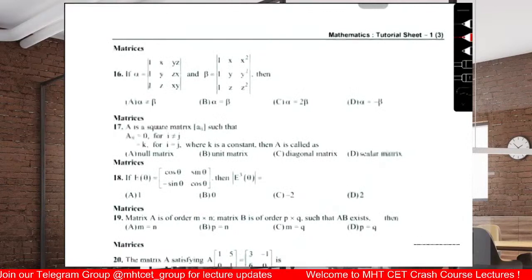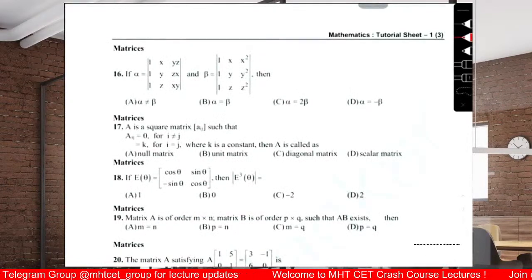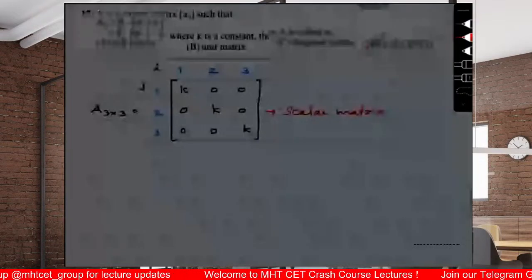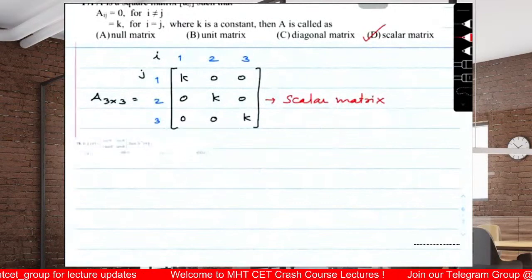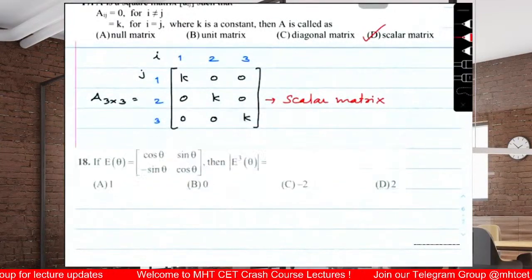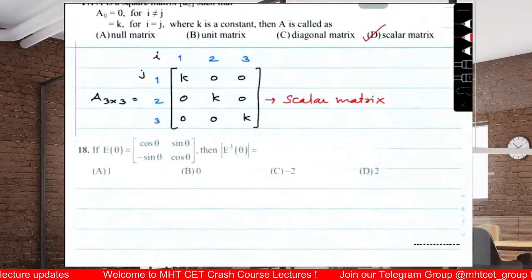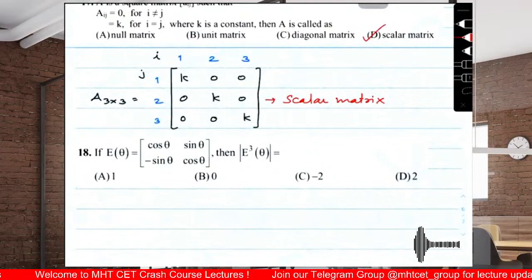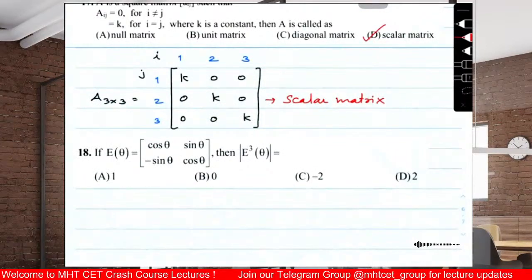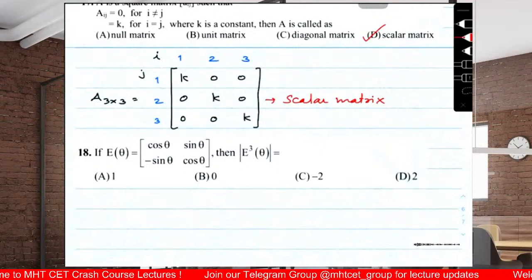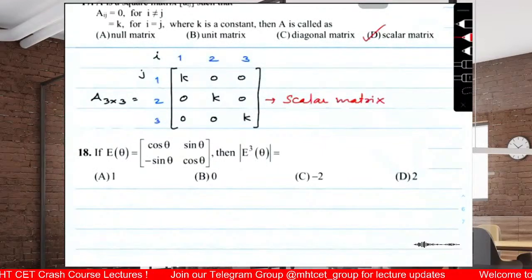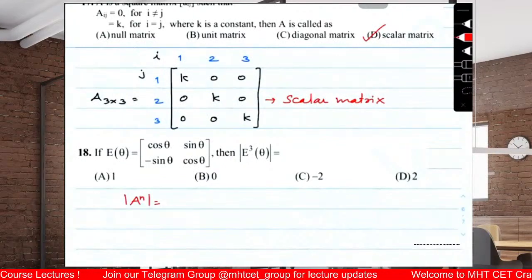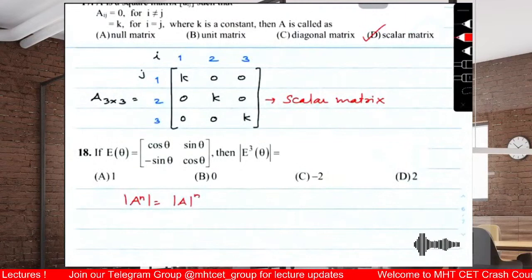Next is 18th. E of theta is cos sine minus sine cos, then determinant of E cube theta is, okay, you can use the shortcut here. Determinant of A raised to n is determinant of A the whole raised to n.